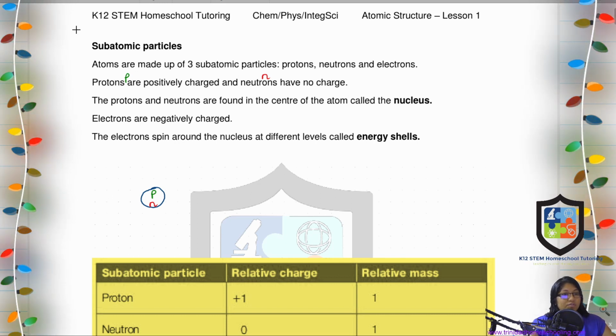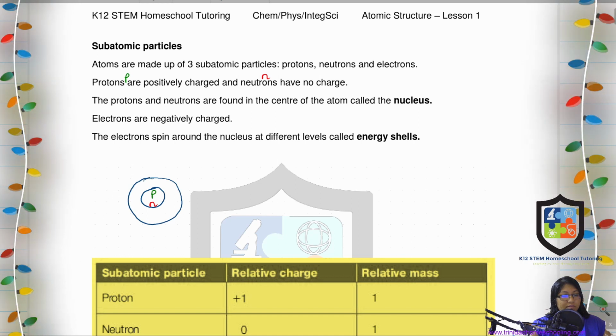Now the electrons spin around this nucleus at different levels, and they orbit this nucleus. So they go around the nucleus. Alright, they orbit around this nucleus. And I'm going to use these little X's here to show my electrons.